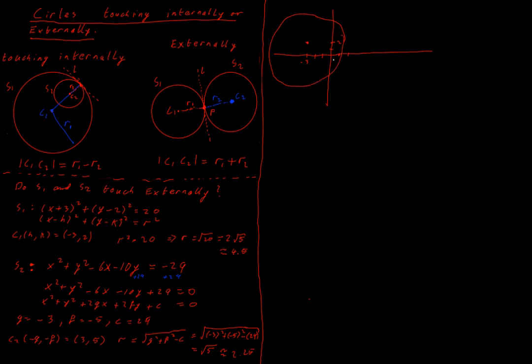Not a very nice circle in this particular case, but it might be good enough for our purposes. And we need to go to (3, 5) for our other center. So 2, 3, 4, 5, go to 6, and we need to go to 3.